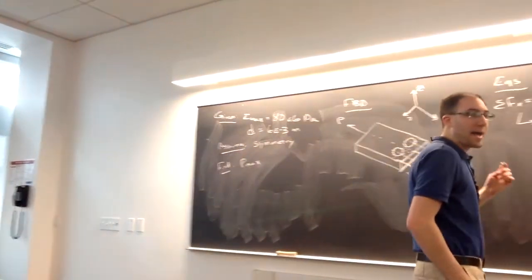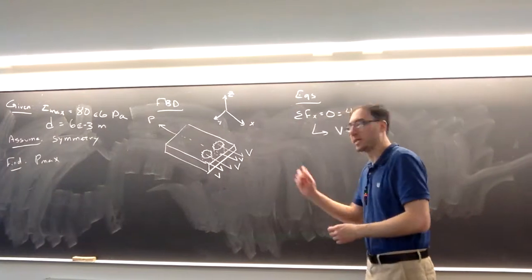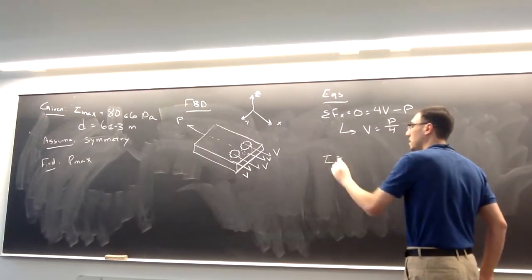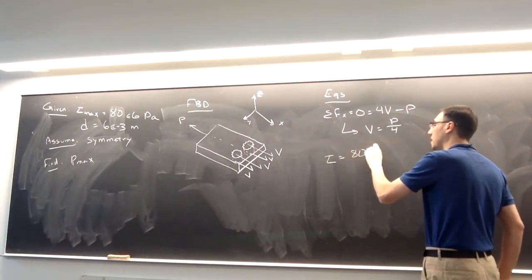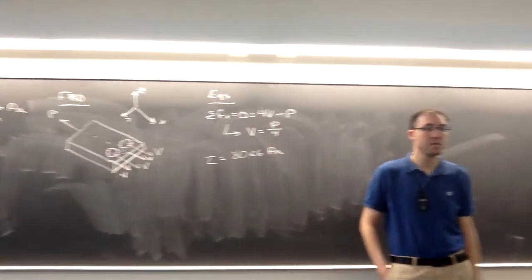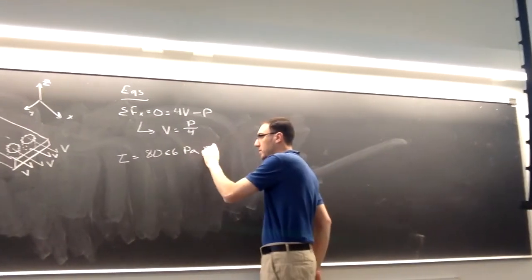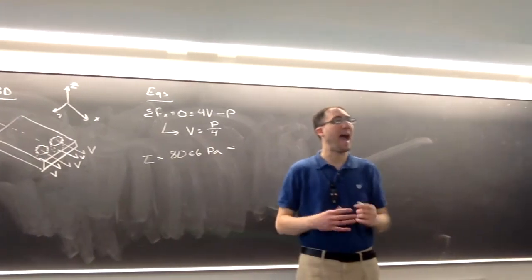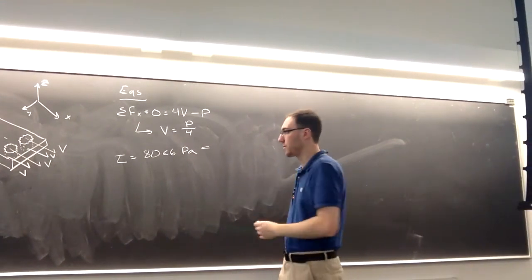We're told that the maximum shear stress that each bolt can withstand is 80 times 10 to the 6th pascals, or 80 megapascals. And for this section, we're just talking about average shear stress.